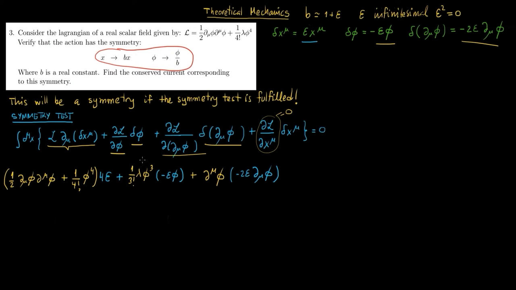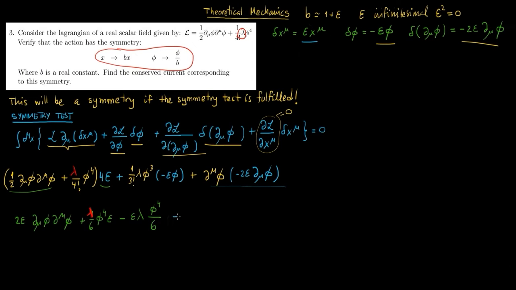Okay, let's expand this expression a little bit. This times this is 2 epsilon partial mu phi plus 1 over 6 phi to the 4 epsilon minus epsilon lambda phi to the 4th over 6. Oh, by the way, I forgot to write lambda here, sorry. This lambda from here, okay.